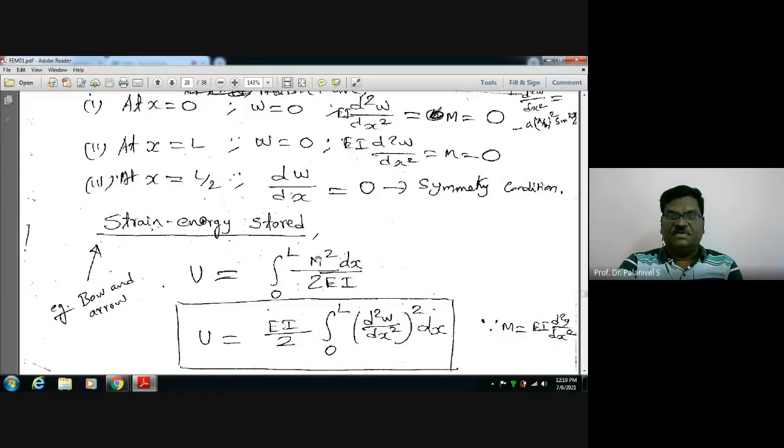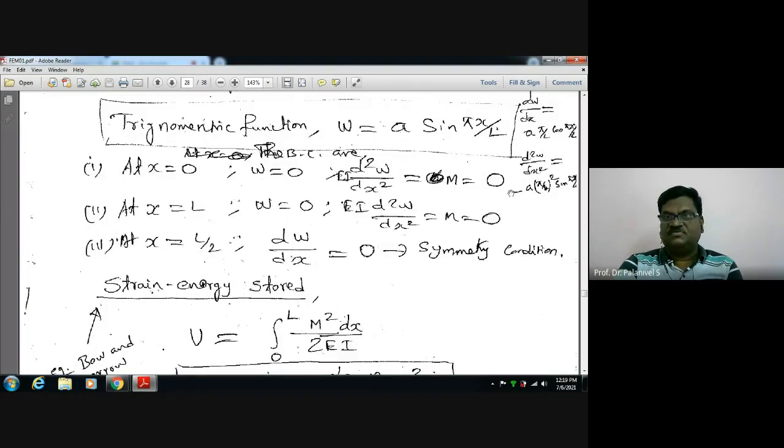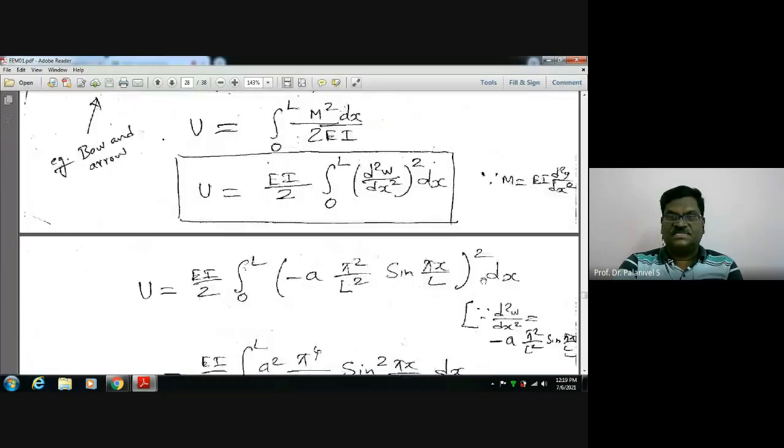I have substituted the M value here, but still I have not substituted the d square w by dx square value. It is available here for the chosen function. Let us substitute it as the next step.